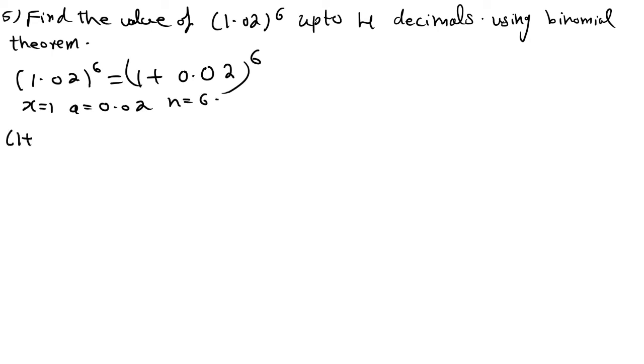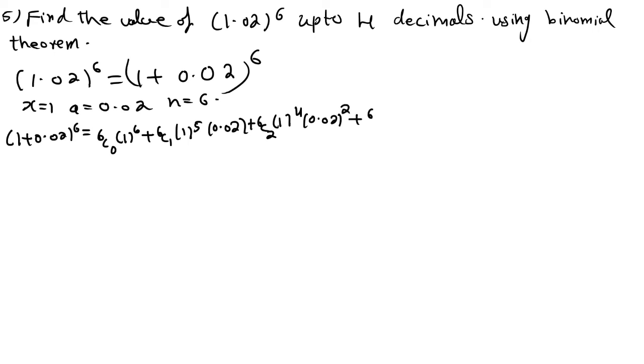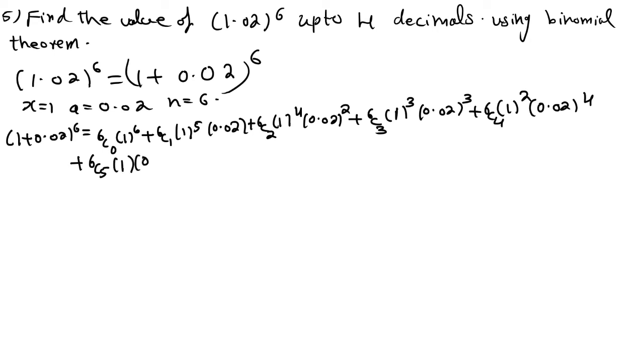Now expand 1 plus 0.02 to the power 6 equal to 6c0 into 1 to the power 6 plus 6c1 into 1 to the power 5 into 0.02 plus 6c2 into 1 to the power 4 into 0.02 square plus 6c3 into 1 to the power 3 into 0.02 to the power 3 plus 6c4 into 1 to the power 2 into 0.02 to the power 4 plus 6c5 into 1 into 0.02 to the power 5 plus 6c6 into 0.02 to the power 6.